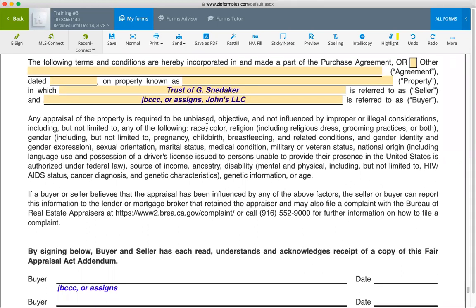The appraisal has to be unbiased, objective, and not influenced by improper or illegal considerations. So that's a new form.